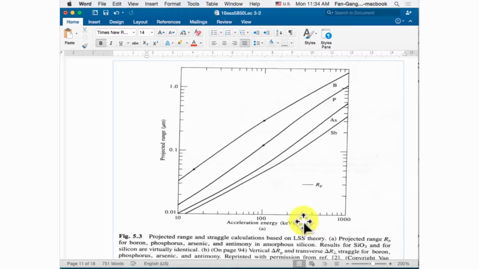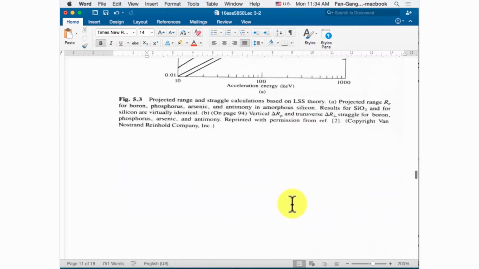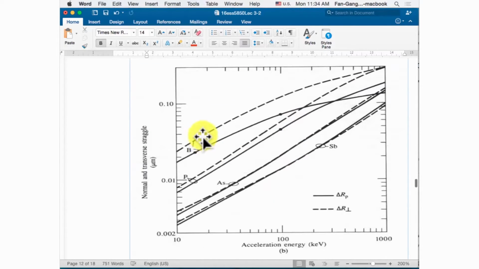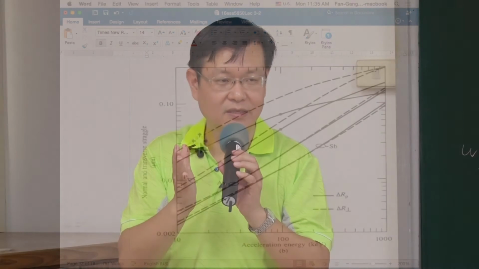Okay? And also, for lighter material, the standard deviation is larger. Okay, so it's not that sharp. But for heavier material, heavier atom, they will stop at almost a fixed position. Okay, more concentrated position. Okay.